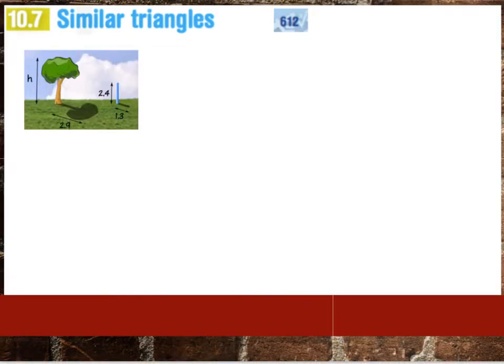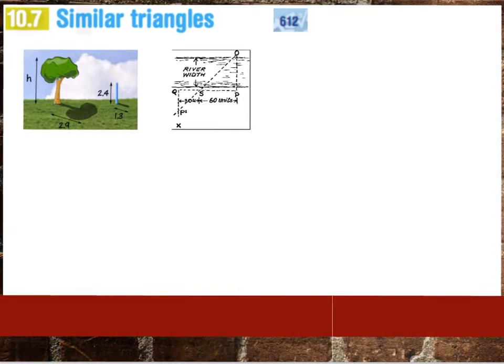You can actually measure the height of objects like a tree if you use your shadow, and that you can do because of similar triangles. You can also measure the width of a river, which you cannot reach on the other side, by making use of similar triangles.